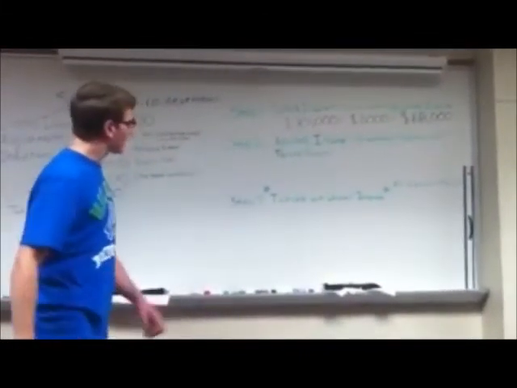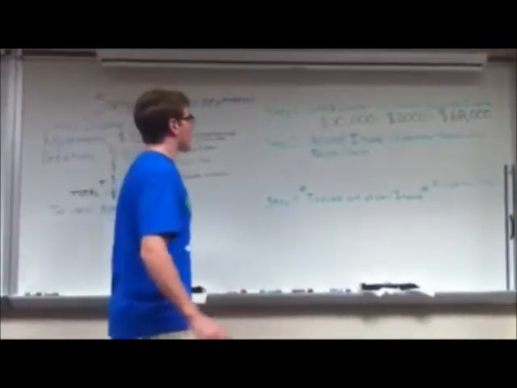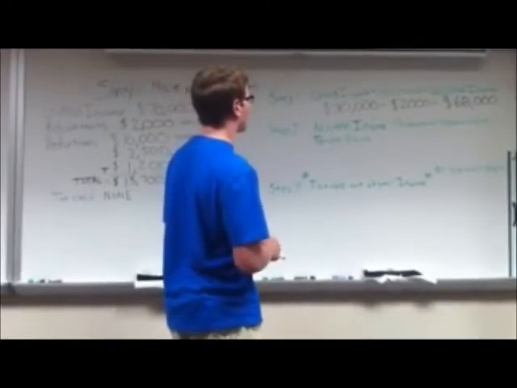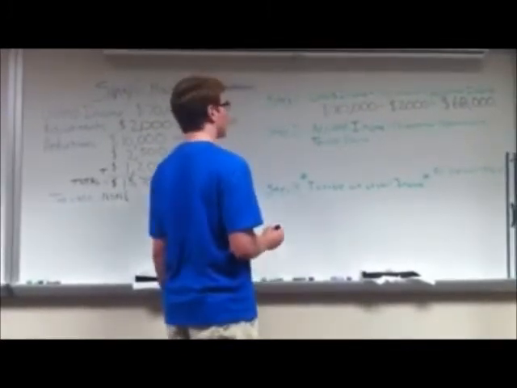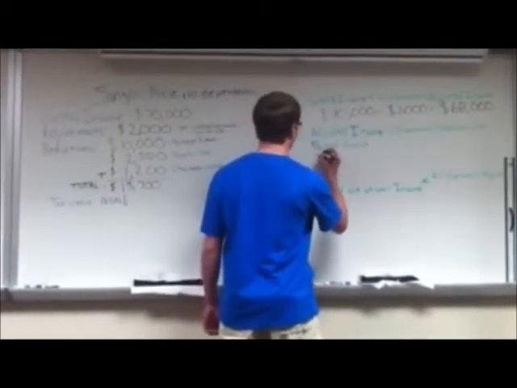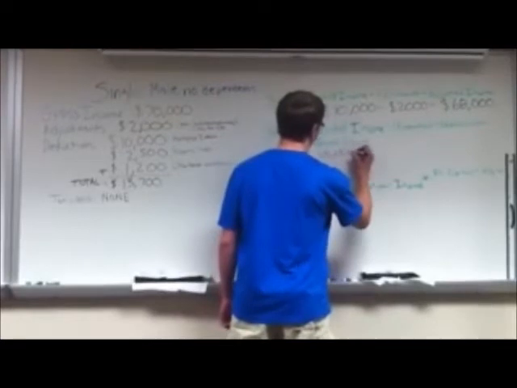Now, you take your adjusted income of $68,000 and you subtract your exemptions, which is $3,500. And I'll explain how I got that in a minute. And you add that with your deductions of $13,700, which we found out earlier, to get your taxable income.